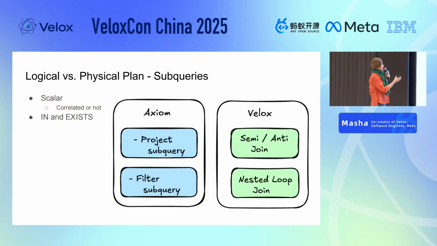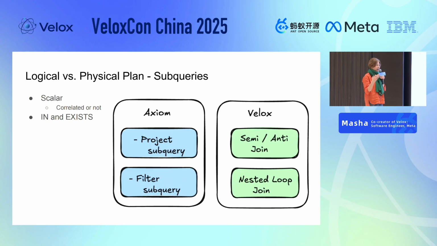Subqueries also exist primarily in the logical space. If in a query you have a subquery, typically you don't see the subquery in the final executable plan because it gets converted into either semi-join, anti-join, semi-join filter, or project, depending on whether the subquery is used in a filter or in a project node.